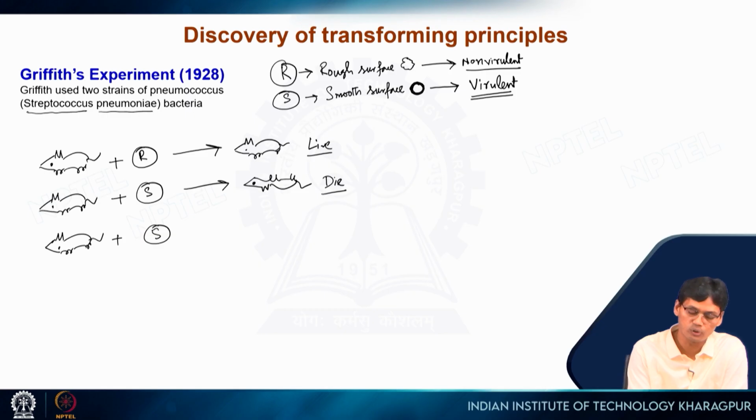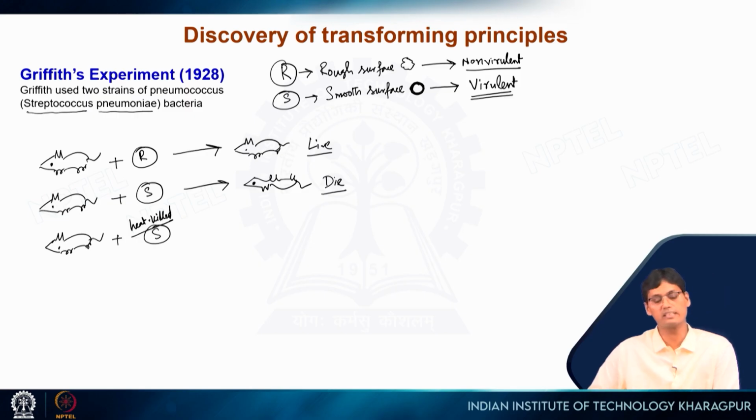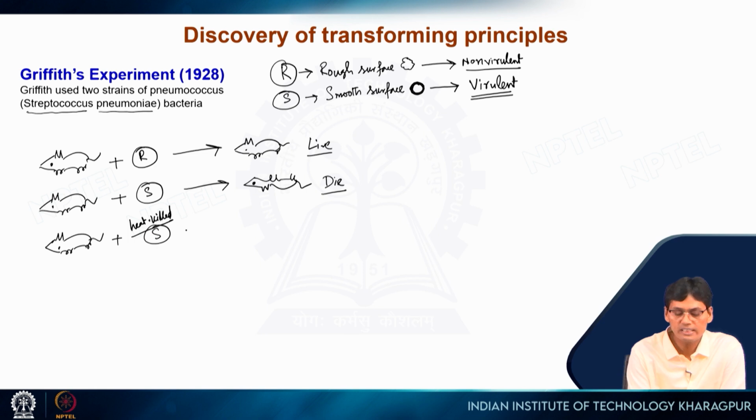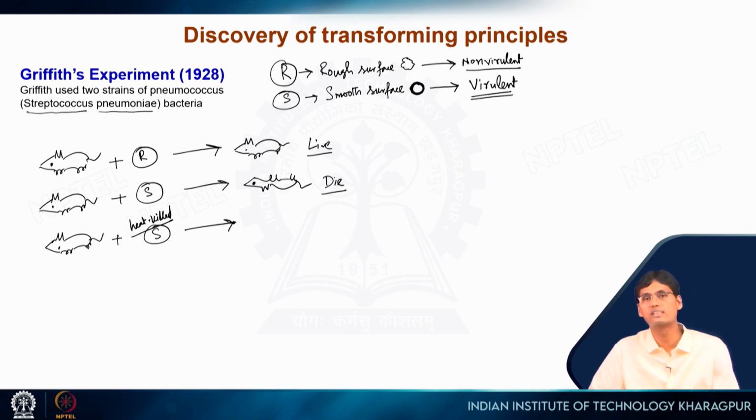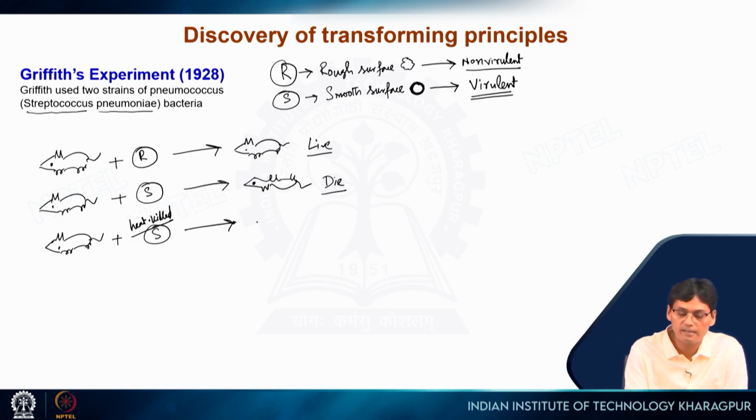This is called heat killed S strain. Since those bacteria are dead, they cannot cause the disease. As a result, again the mouse survived.